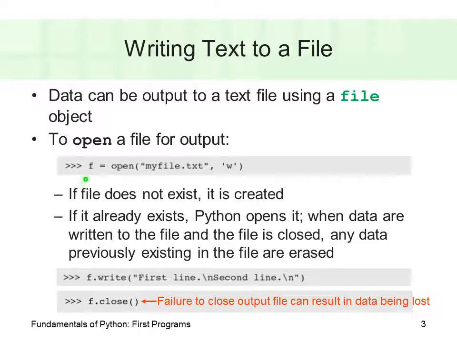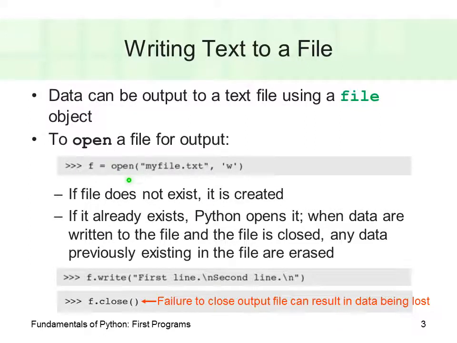So we have the command f. It's a rather poor choice of variable name. I may go back and change that. f is assigned the value of open('myfile.txt', 'w'). So we see here an open function. Notice, by the way, that that is a function. It's not being invoked on any object.